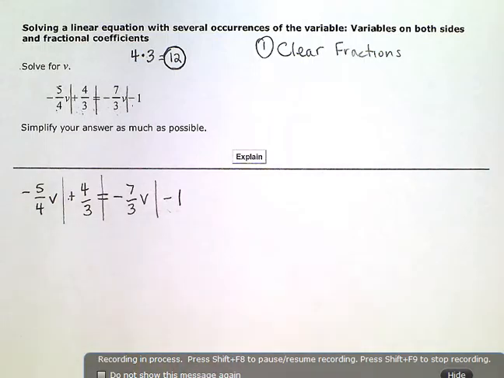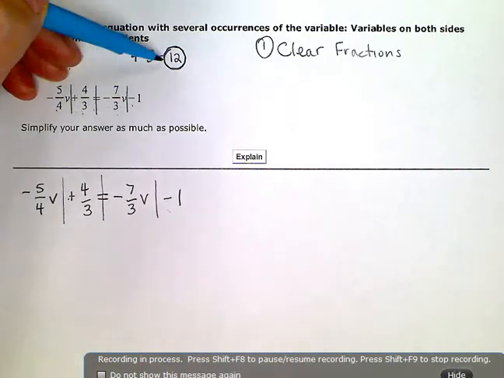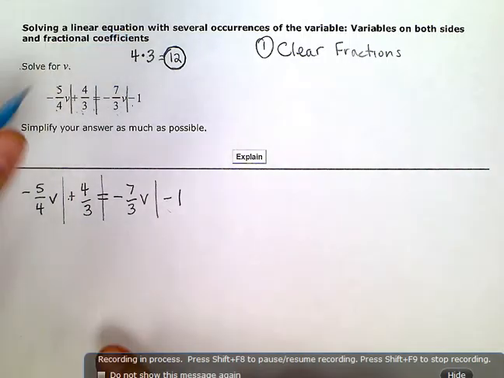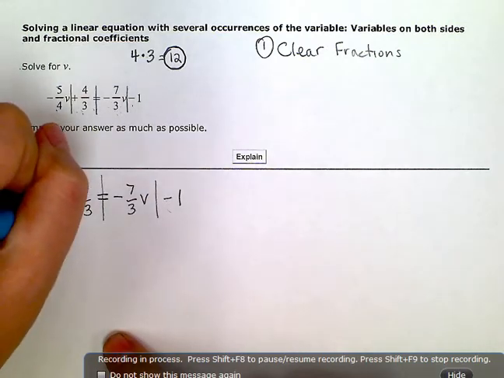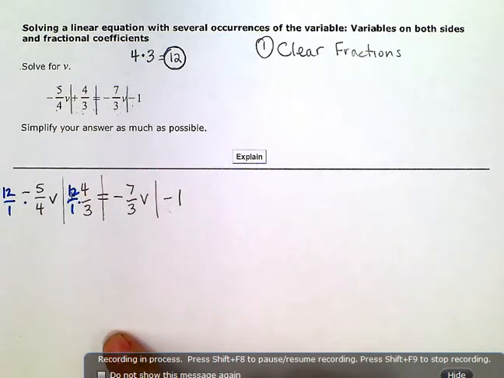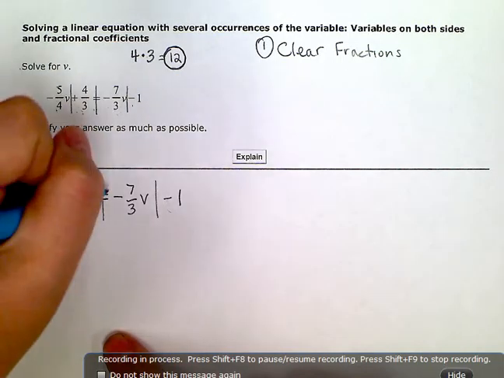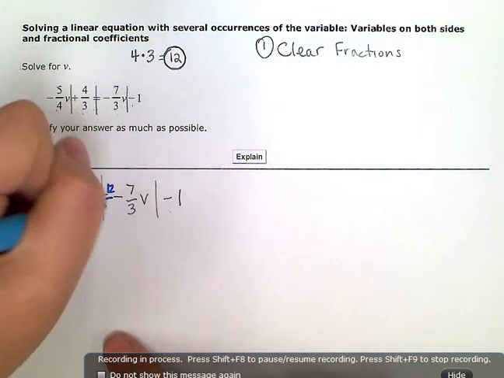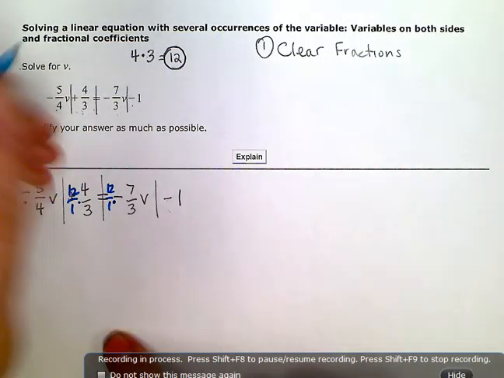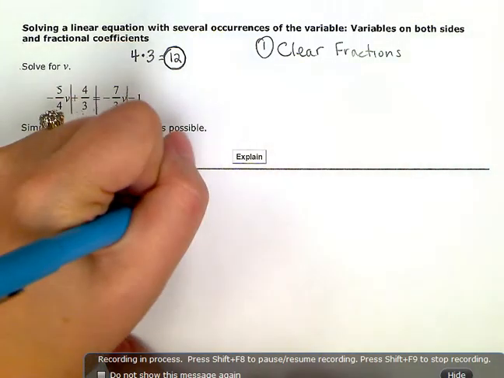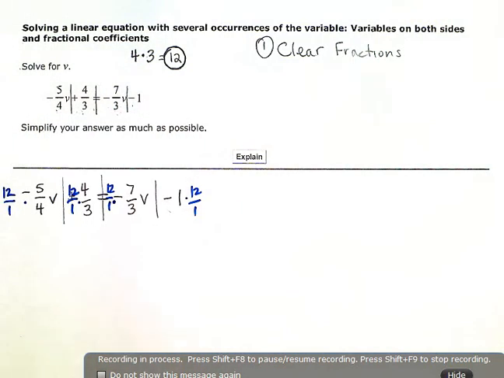I'm going to multiply every term by this magic number, 12. So I need to do 12 over 1 times this, 12 over 1 times 4/3, 12 over 1 times negative 7/3, and 12 over 1 times negative 1.